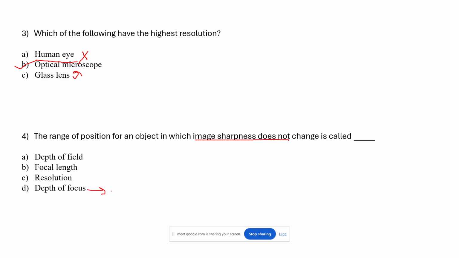So this is related to your object and this is related to your image. So the range of position of an object in which the image sharpness does not change: image sharpness will not change in the depth of field. So option A is the correct answer.